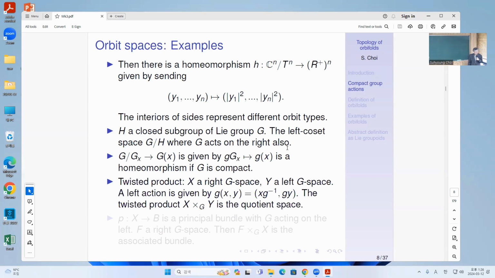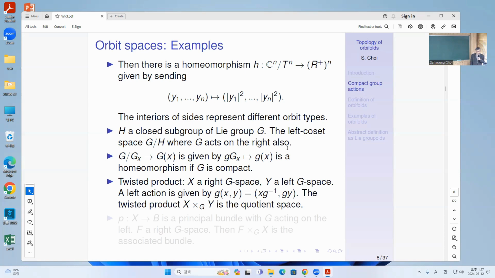Next I will give you the twisted product. Let X be a right G-space and Y a left G-space. Then you can give a left action by g on (x, y), where (x, y) is in X times Y, by multiplying by g inverse on the right and then g on y. This is a left action, and then you take the quotient on this space.